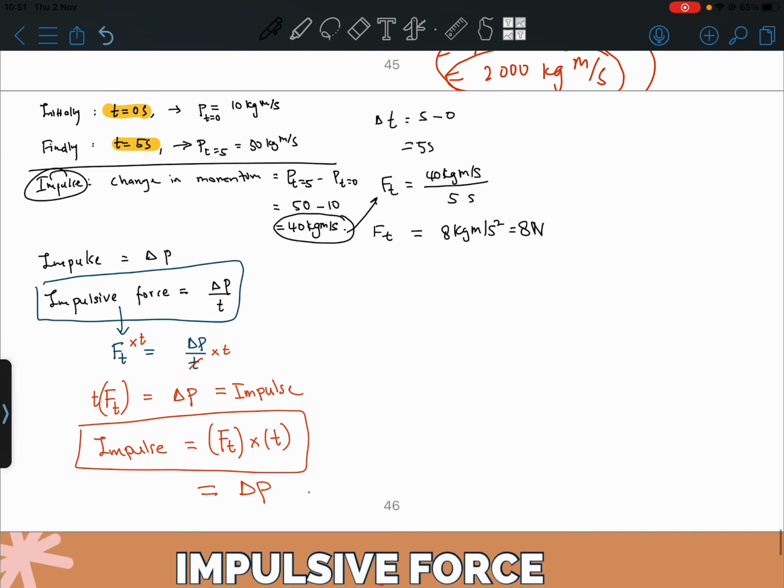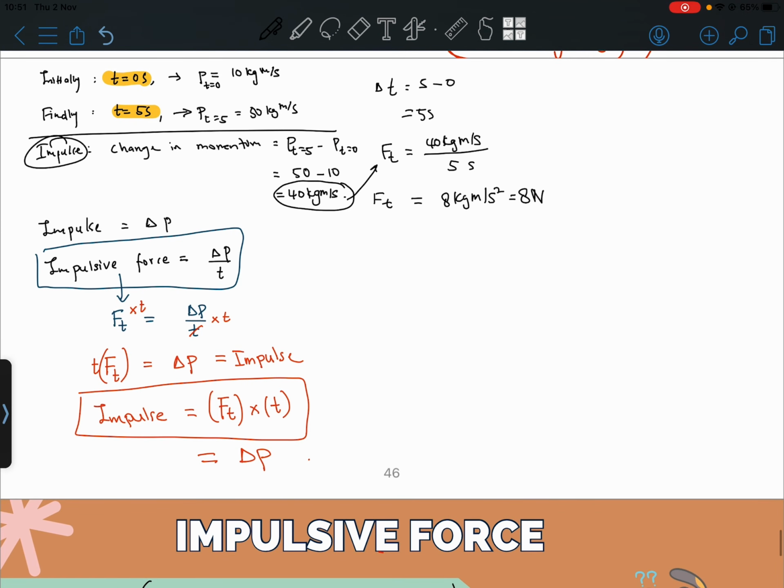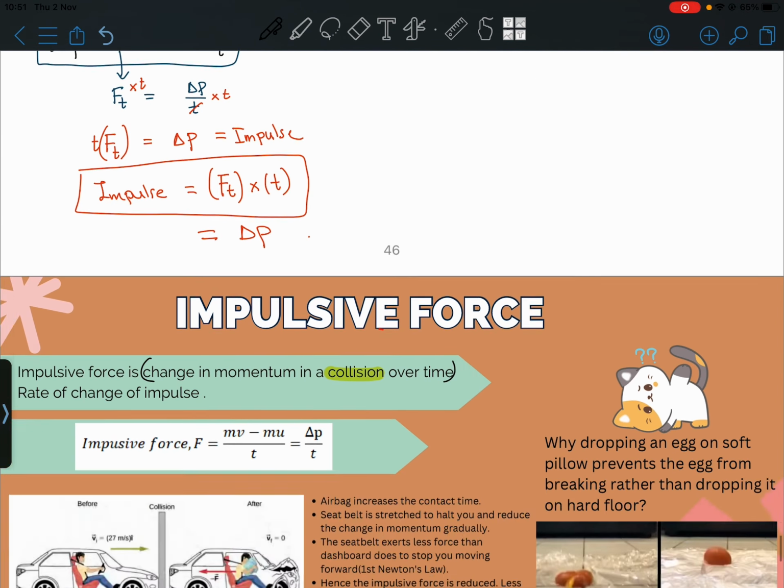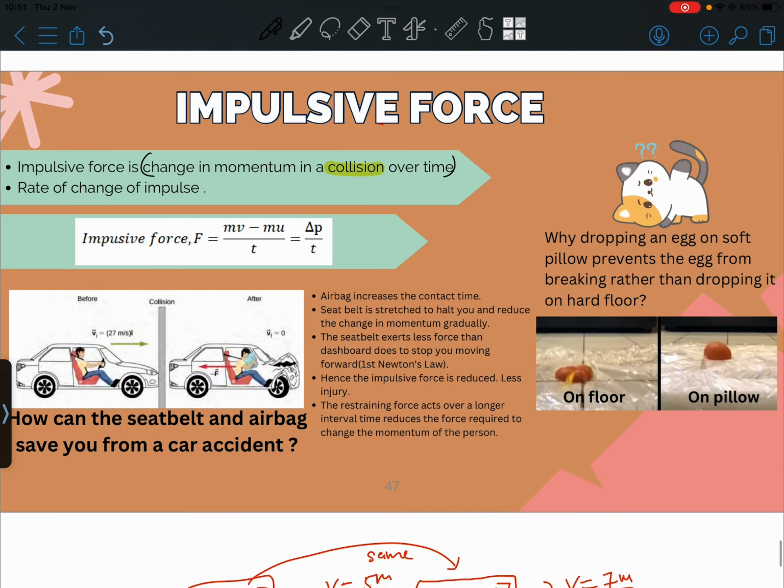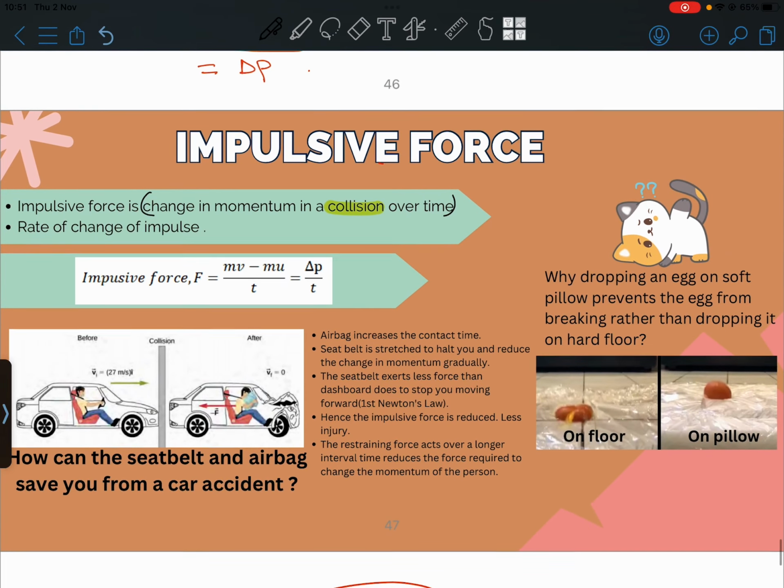So I explained this in our previous class. Last but not least is impulsive force. Impulsive force is just the rate of change of the momentum over time in collision. This is specifically for collision. In a collision, of course, there will be what we call collision time.